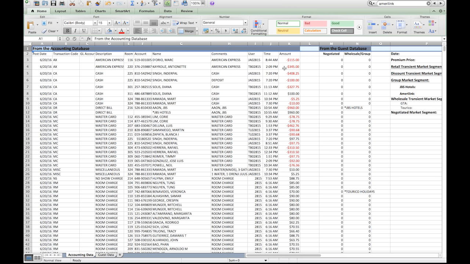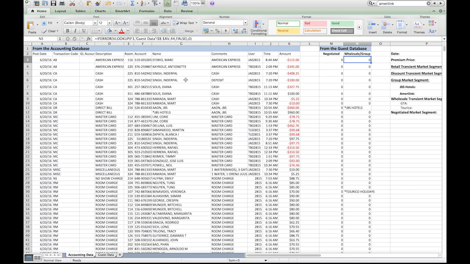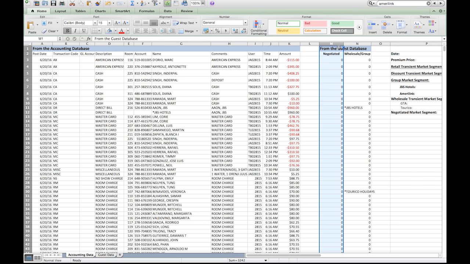And I make them work together using what is known as a VLOOKUP formula that you see here. This tool serves as a bridge between my accounting data and the guest data. So these are new columns that you see here. They're building off of last week, building off of this accounting data, and they come from the guest data.